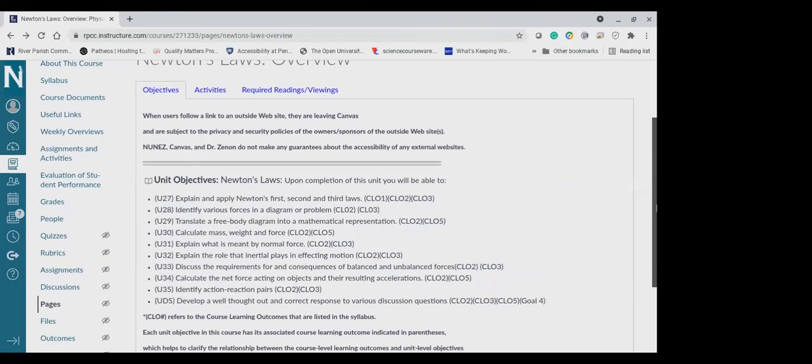So this week we're going to be starting to integrate forces into our description of moving objects. Up till now, we have been dealing with moving objects from a kinematics perspective. And you remember, kinematics means pure motion, right?